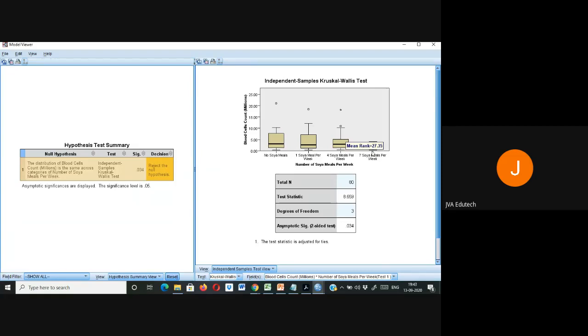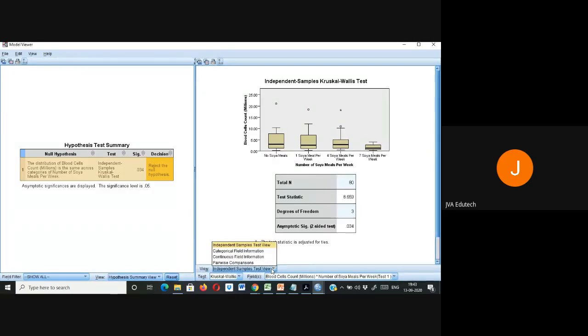There are 2 ways to follow up the Kruskal-Wallis test in SPSS: either the pair-wise or the step-wise down method. So let's see how we can do this. Let's look at the pair-wise comparison first.